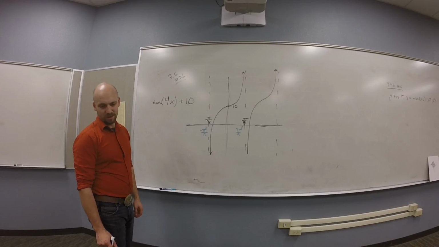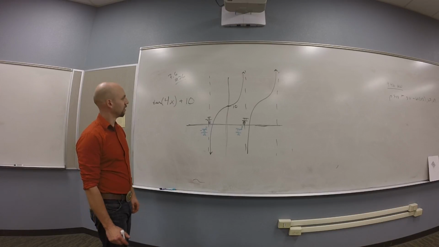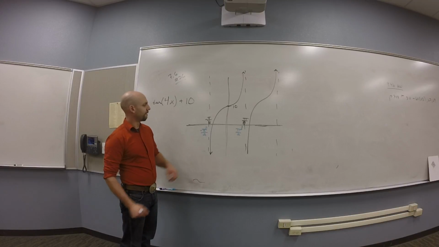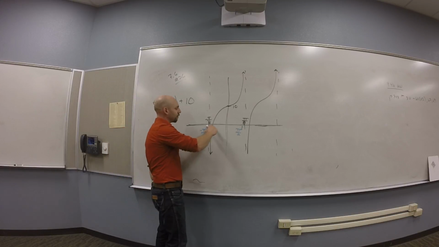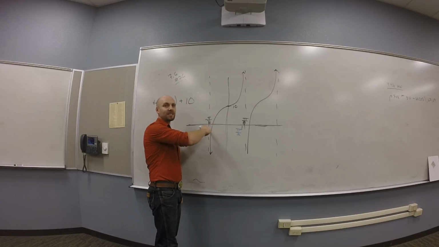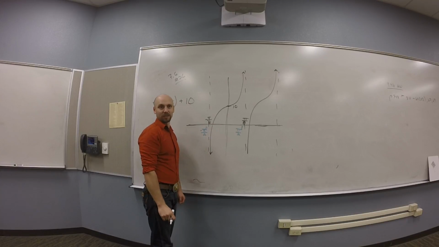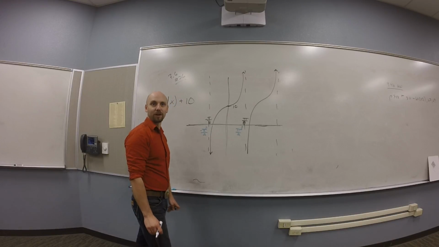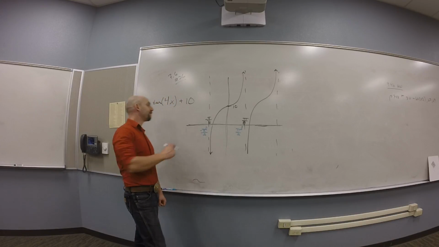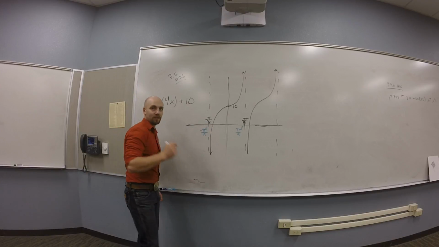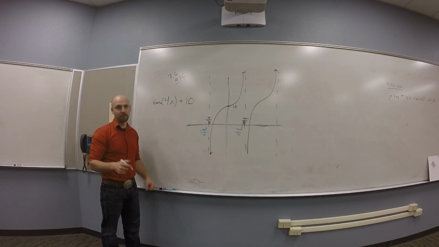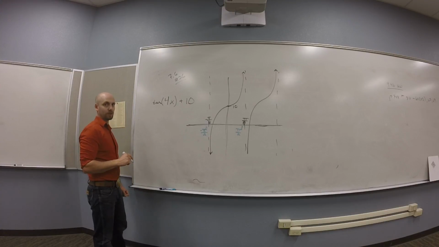I think I maybe could if they told me exactly where this point was, but they didn't. So I'm kind of stuck on figuring out exactly where that is. If they gave me a number here for that intercept, I could figure this out. But they didn't.